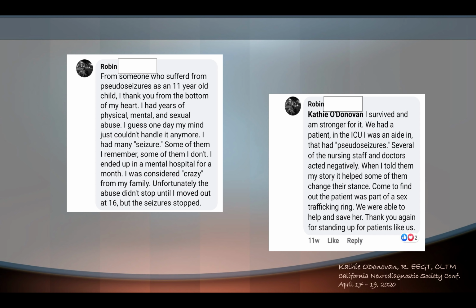And then my statement that a lot of times there is abuse in the background and the stress becomes so much that they just end up having this kind of a stress reaction to it where they're having this, quote, pseudo seizure. And I hate that term.